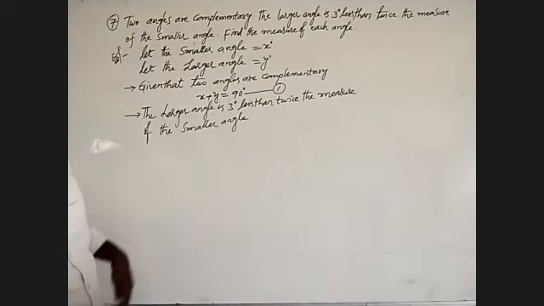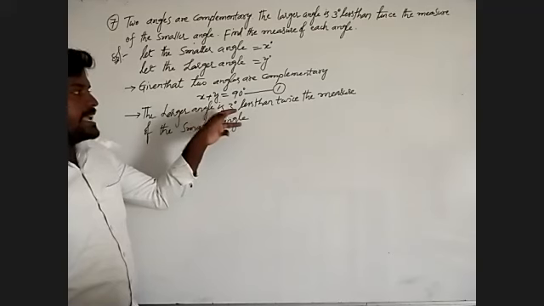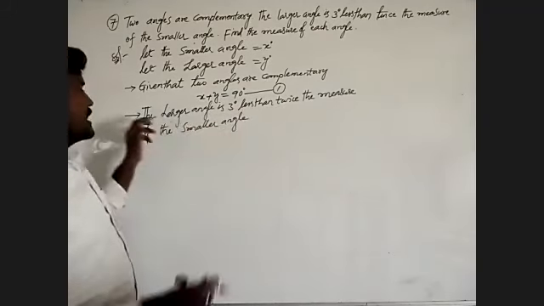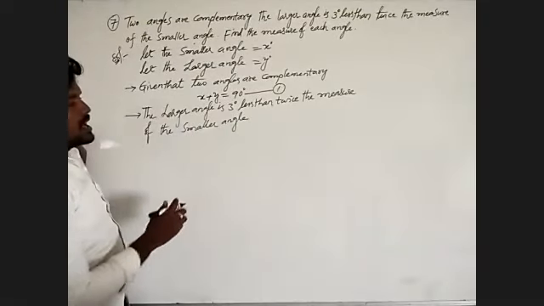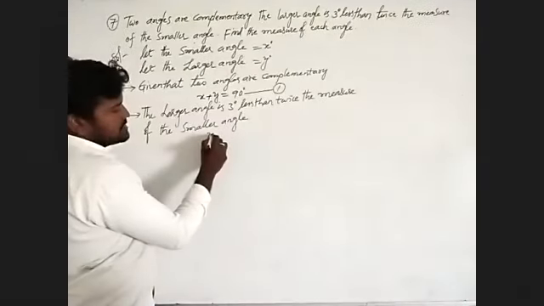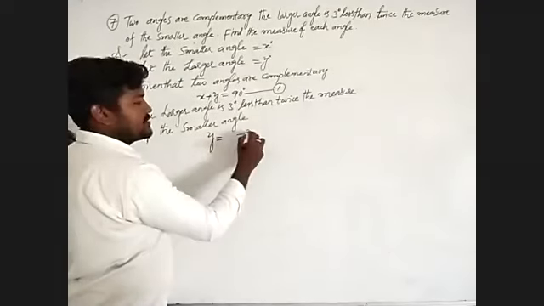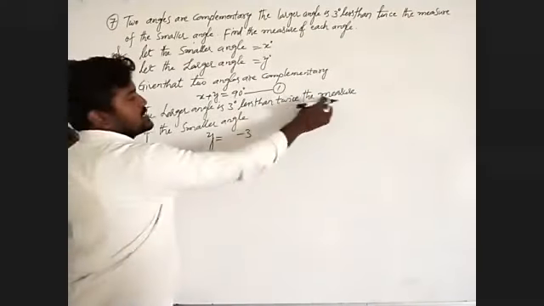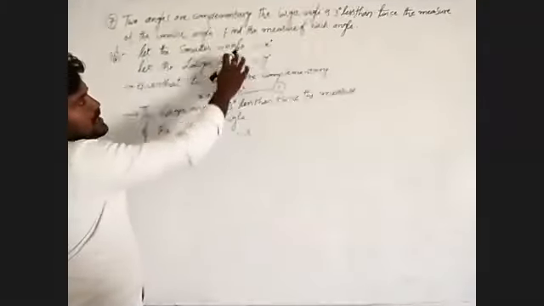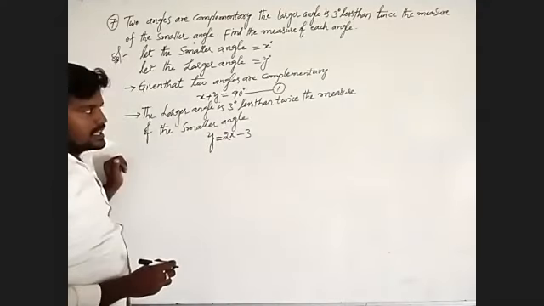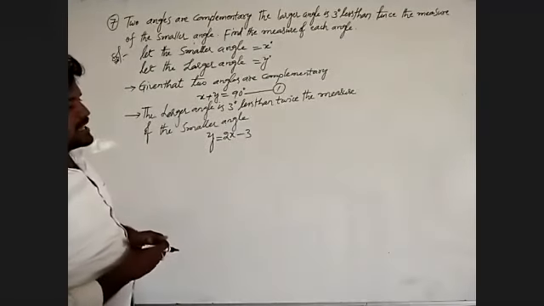Observe, the larger angle is 3 less than 5 times the measure of the smaller angle. First we take the larger angle, which is y, is equal to 3 less than, which means minus 3. The smaller angle is x, and 5 times means 5x. That means 5x minus 3.